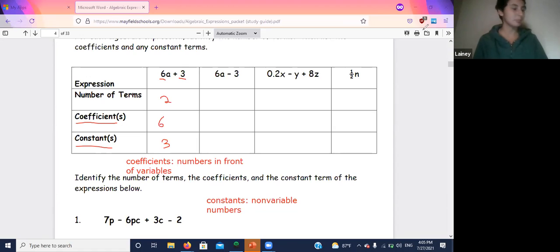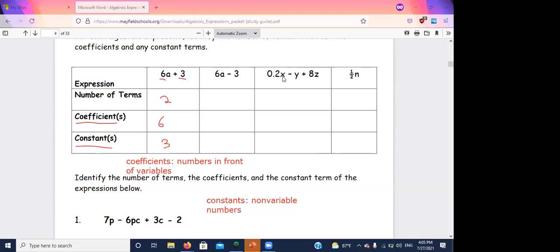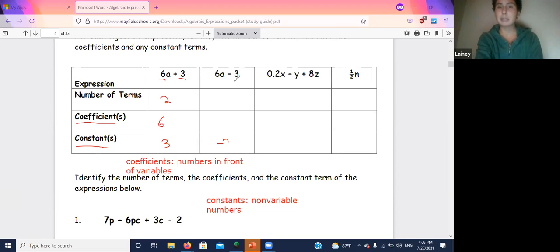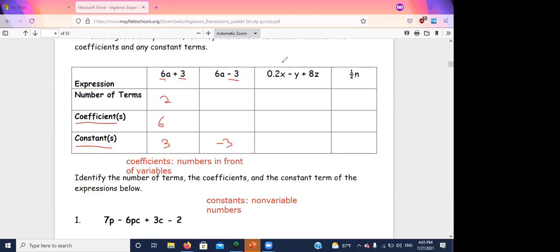Very good. And what's the constant? 3. So in this case, the constant would actually be -3. Oh, yeah. Does that make sense? Mm-hmm. Okay, good.